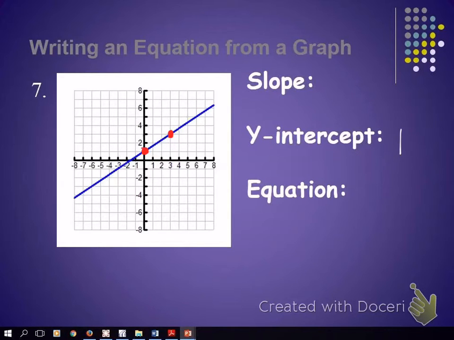So the vertical change is always first. Vertical means up and down. So we need to go 1, 2. So we have to go up 2. Up 2 is positive. And then we have to go right 1, 2, 3. Right 3 is positive. So our slope is 2/3.